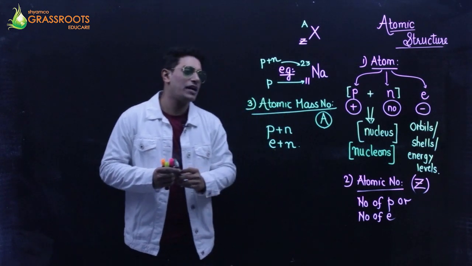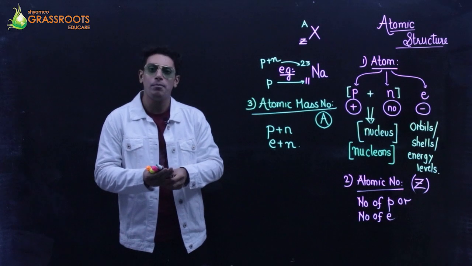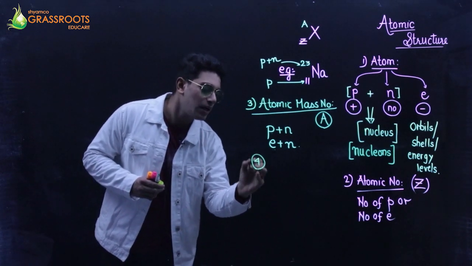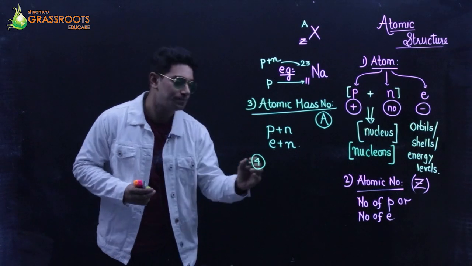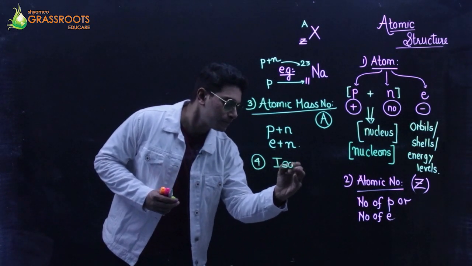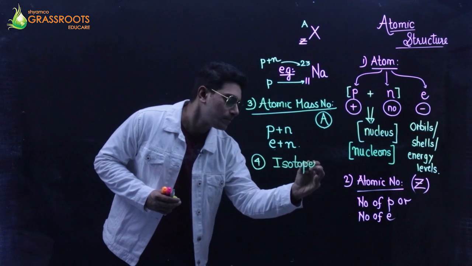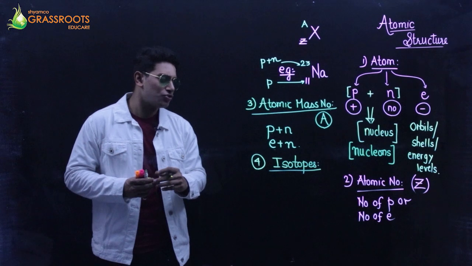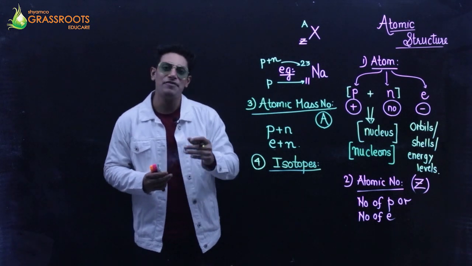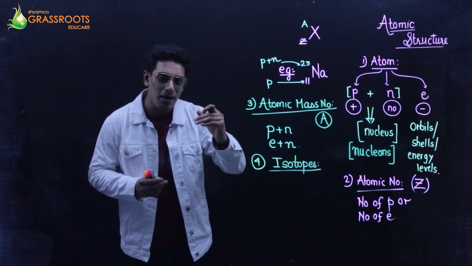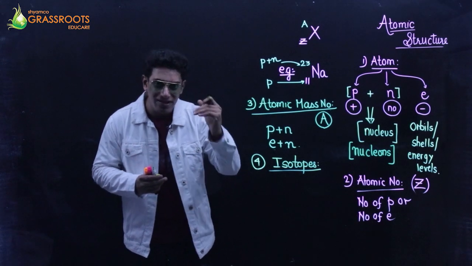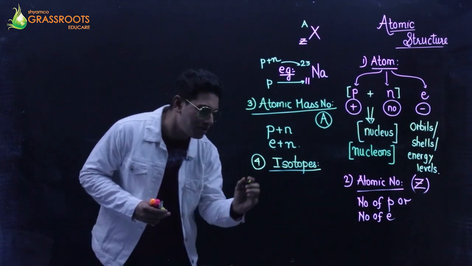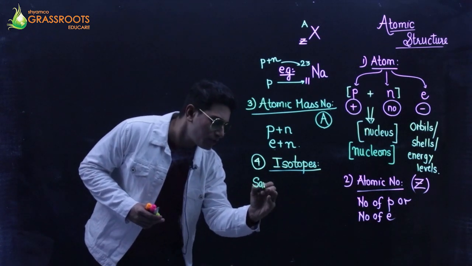Alright. So after my atomic mass number, the next concept is about isotopes. Isotopes are structures of elements having the same atomic number, different atomic mass number. Didn't understand? Hold on, man. Simple language.